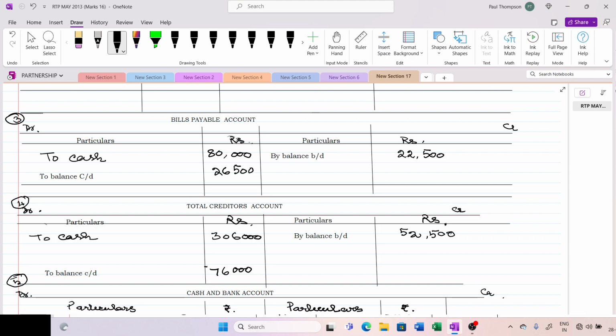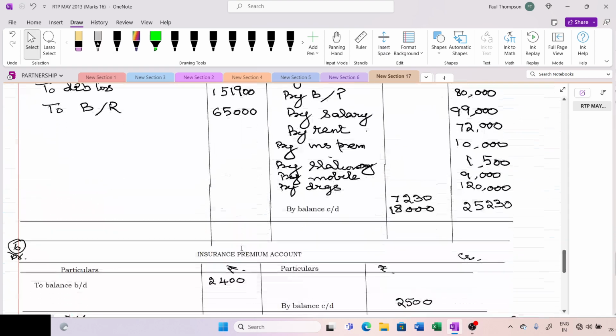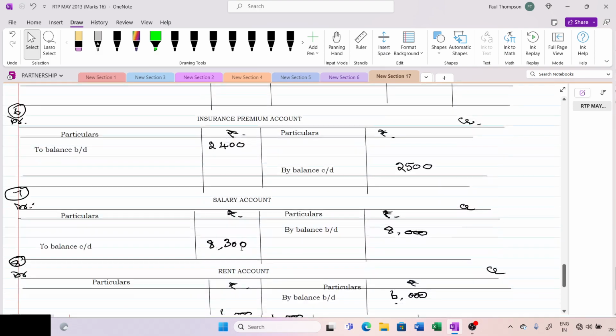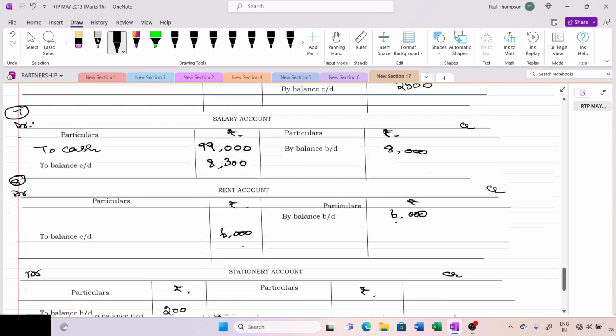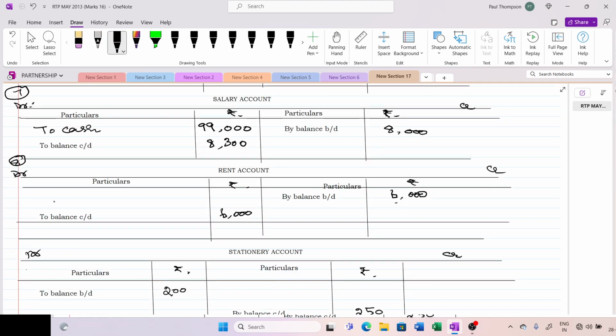Next one, salary. A payment is made for 99,000. So there it was on the credit side; you have to write here to cash 99,000. Rent paid is 72,000 to cash, 72,000.